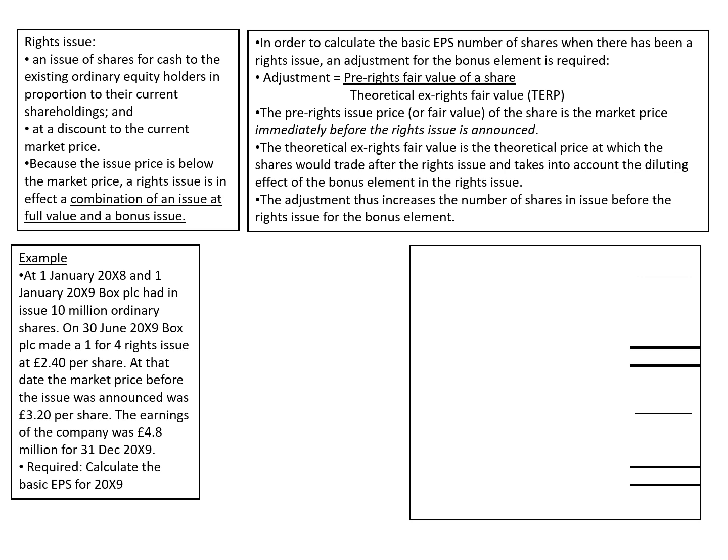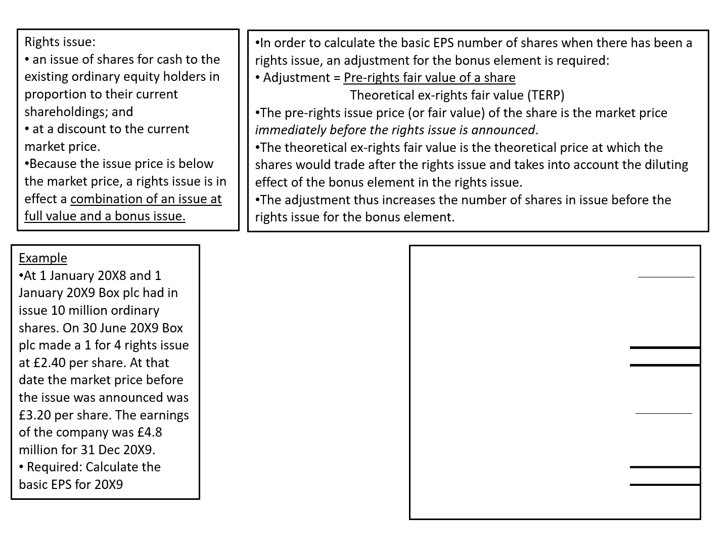Let's look at an example. We have Box plc, which had 10 million ordinary shares. On 30th of June 20X9, Box plc made a 1 for 4 rights issue at £2.40 per share.